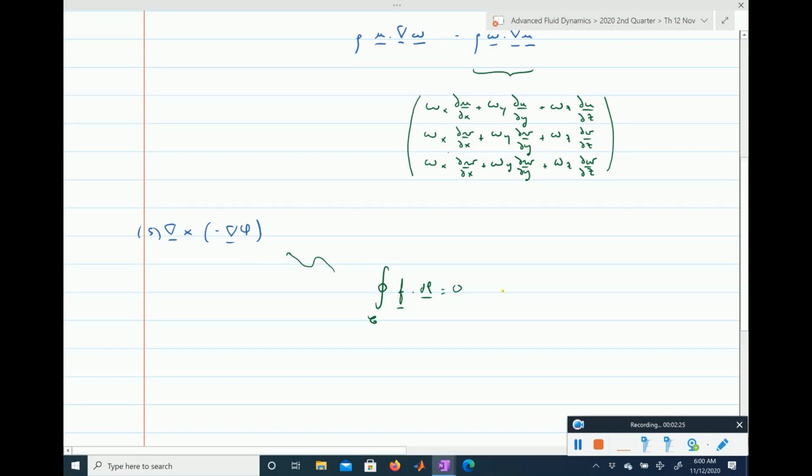Now, if you use the Stokes theorem, which we discussed before, just like what we did for the velocity field, replace F by the velocity field, and then you can write that the flux through a surface which is attached to the contour C, if we take the flux, so that is n dot the curl of F. Those two, this term and that term, are equal, and therefore you know that this here has to be equal to 0.